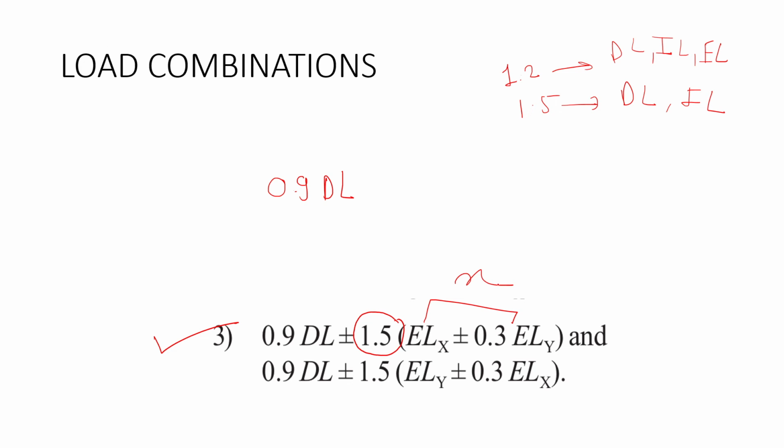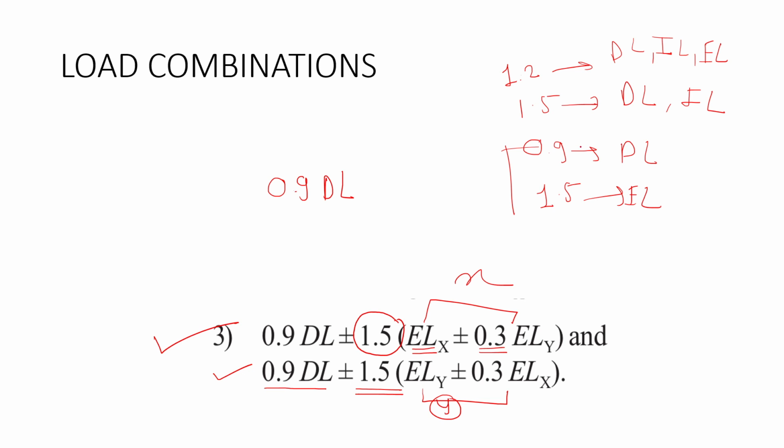If it is in x direction, same: full ELX and 0.3 ELY. Again same way, 0.9 dead load plus or minus 1.5 earthquake load. If y direction is dominant, ELY plus or minus 0.3 ELX. So in case of 0.9 there will be dead load and 1.5 earthquake load. So this is the combination.